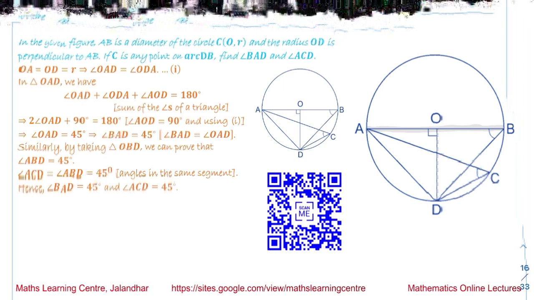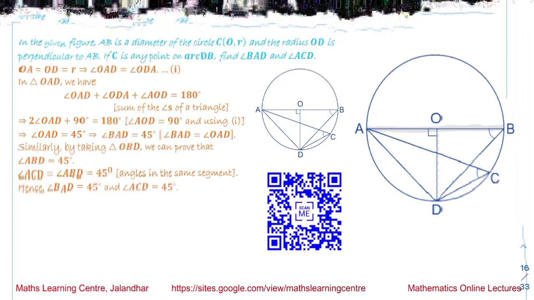Because we are talking about the arc BD, with the angles DCB and DOB. So if this angle is Y, this angle is 2Y.